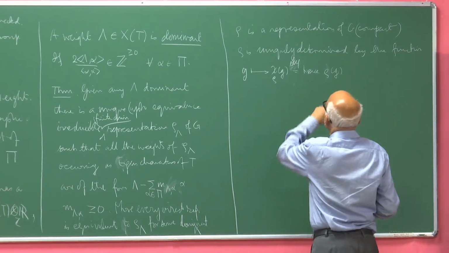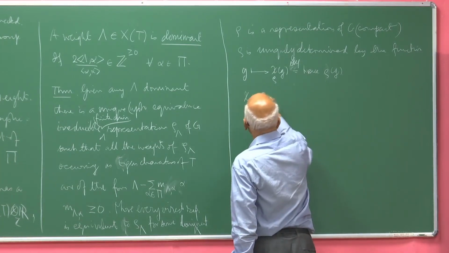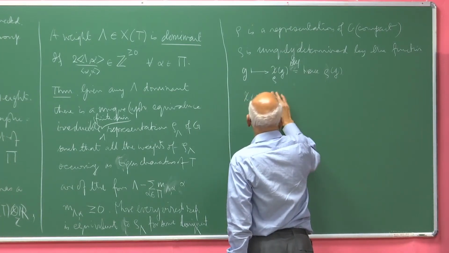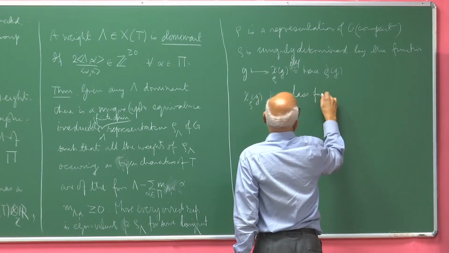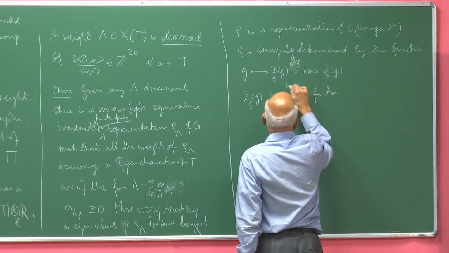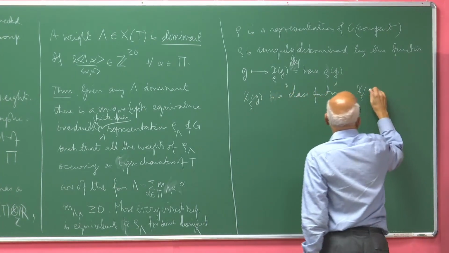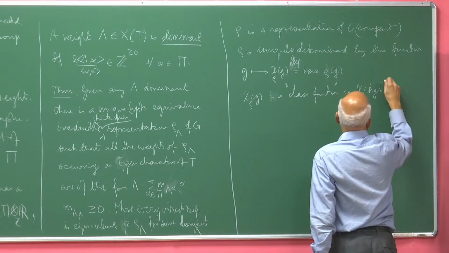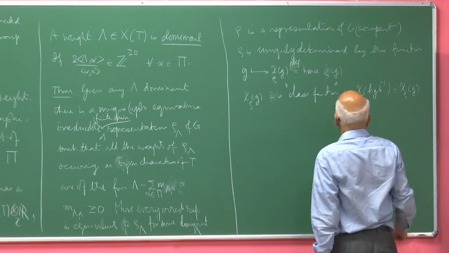Let me say, notice that chi rho is a class function. That means chi rho(h g h inverse) equals chi rho(g).